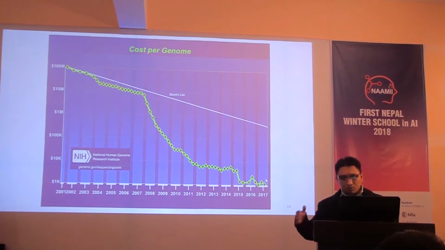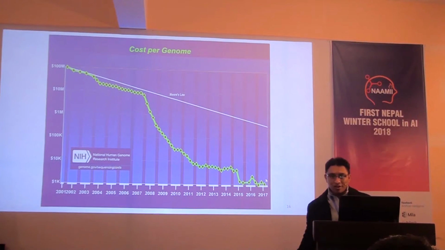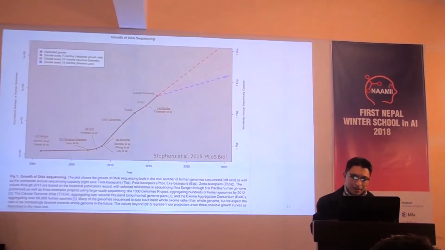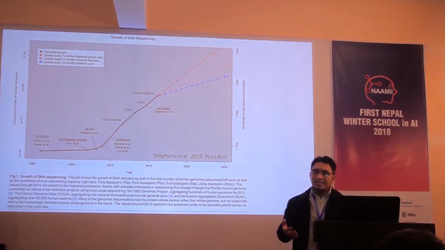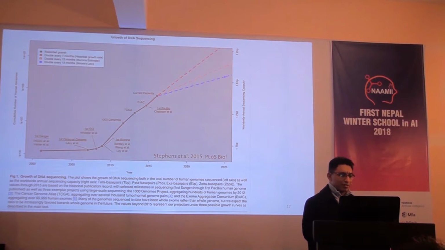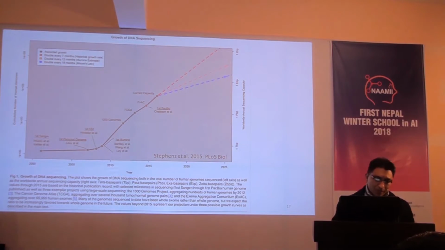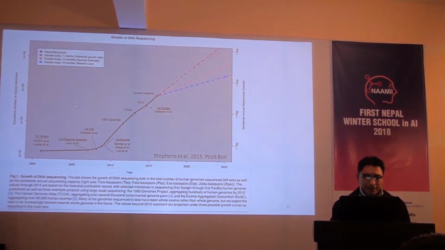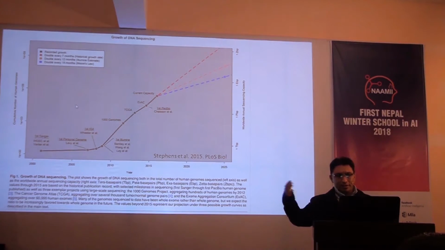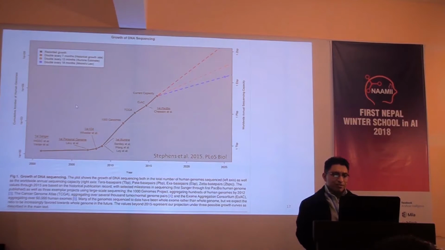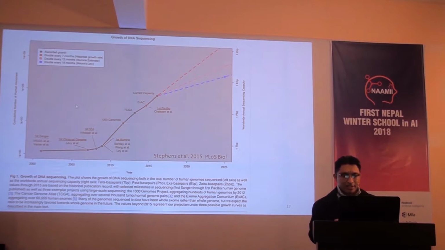And with the decreasing cost, you can sequence a lot more. So there is a tremendous growth of data in very recent years. This graph shows how many genomes the scientific community around the world has sequenced to date.